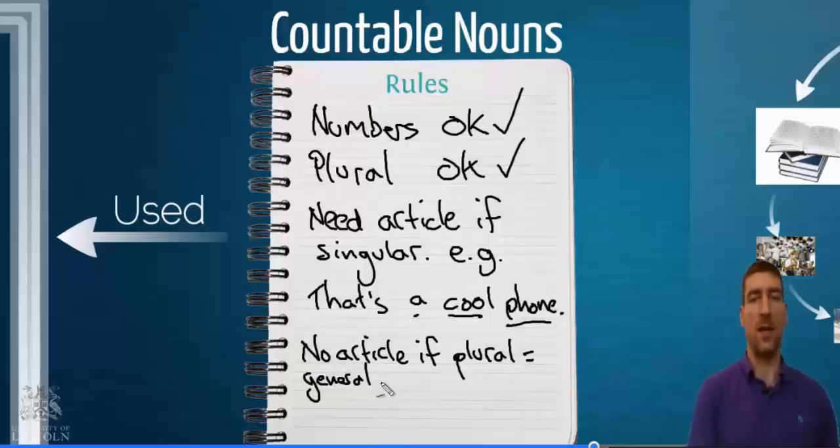So we keep with the idea of phones. Phones are cool. All right. So we've got a plural here, and it's a general statement. I like all phones. Phones are great. Phones are cool.